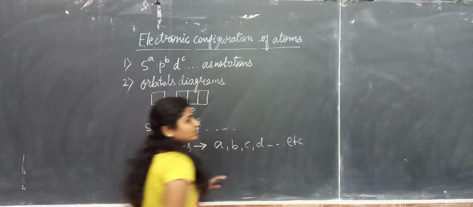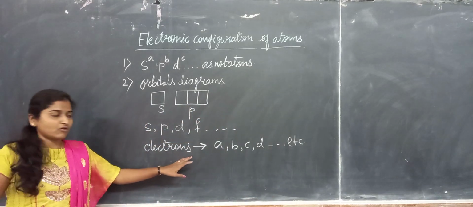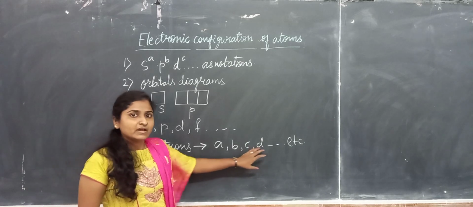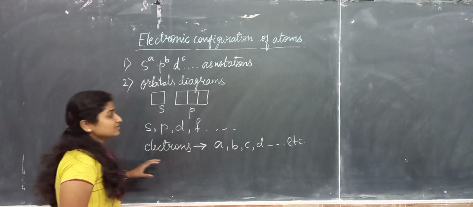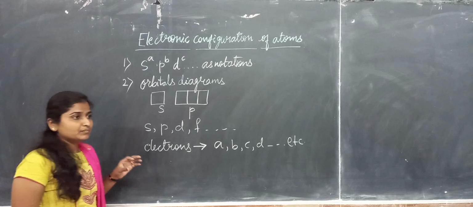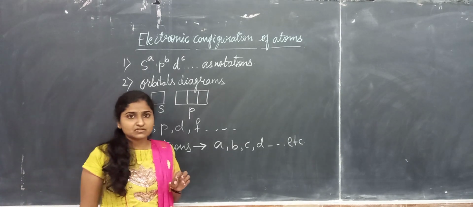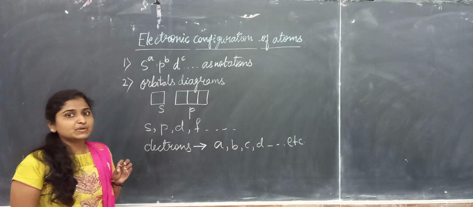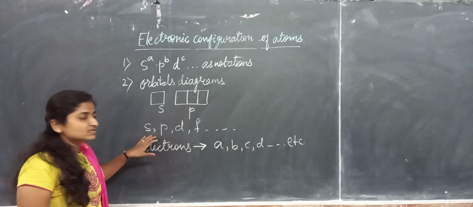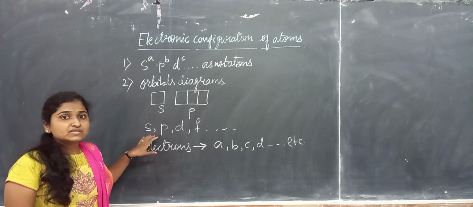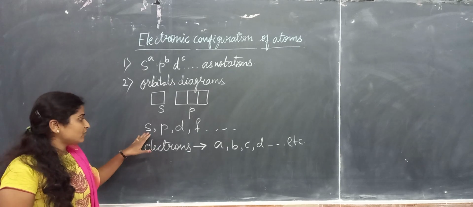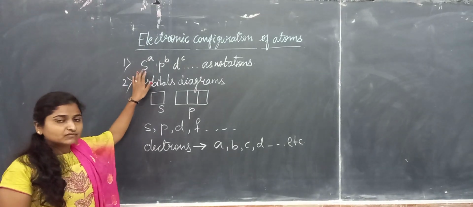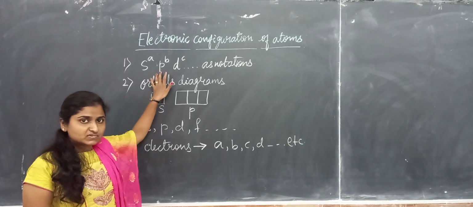If we have similar subshells in different shells, we will be using the principal quantum numbers before the subshells. So this is the first representation of the electronic configuration of the atoms.